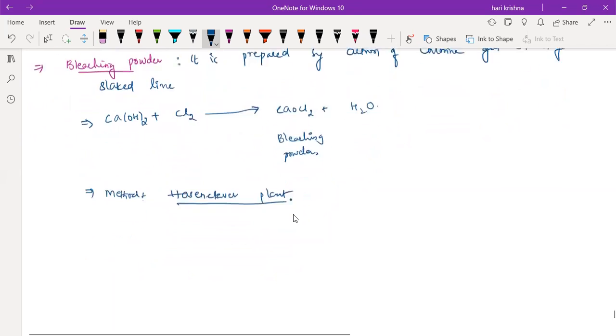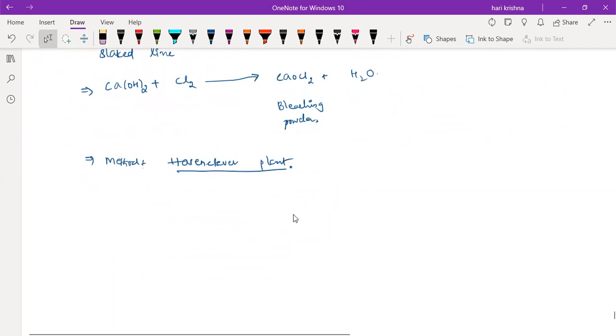Now tell me, what is the use of bleaching powder? Where do we use the bleaching powder? Clothes. In the textile industry, we use the bleaching powder for bleaching of cotton and linen.